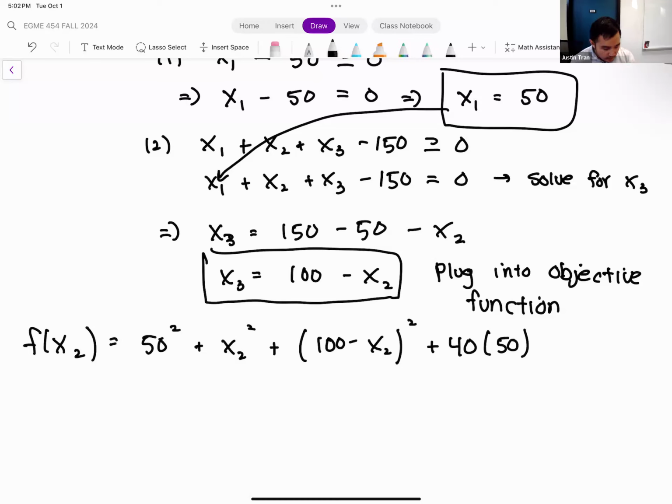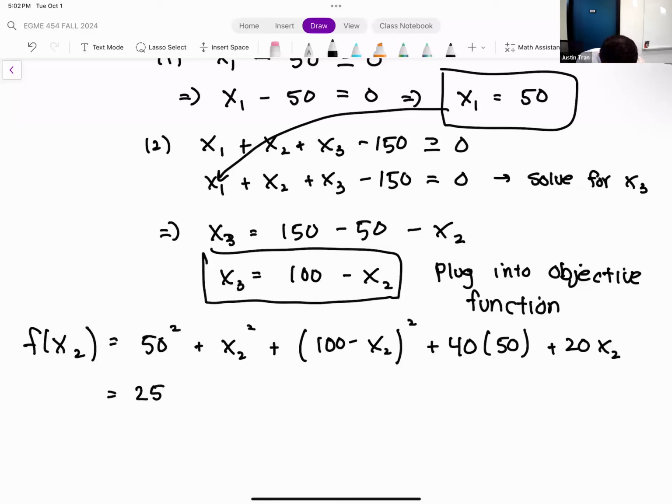We know x1 is 50. Plus 20 x2. Okay. So that's just our objective function. I just plugged in for x1 and x3. And that basically eliminates all our variables, and all we're left with is just a single variable, which is x2.